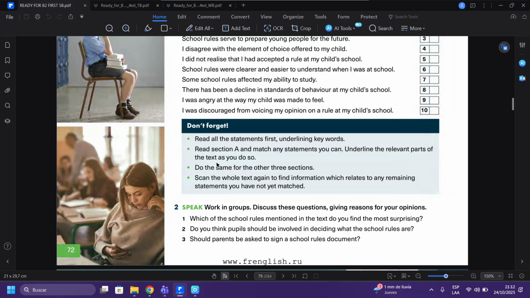We're gonna practice a little bit of speaking as well. Which of the school rules that were mentioned in the text, in the reading, do you find the most surprising? Because in the reading were mentioned some rules. About the reading that you have read a few minutes ago. Which of the school rules mentioned in the text do you find the most surprising according to you?